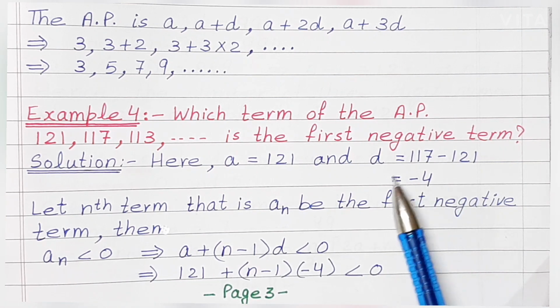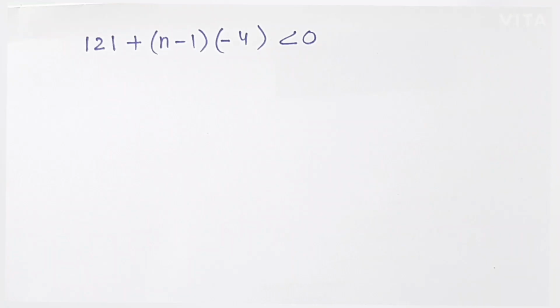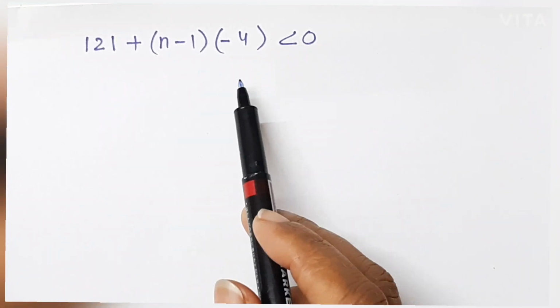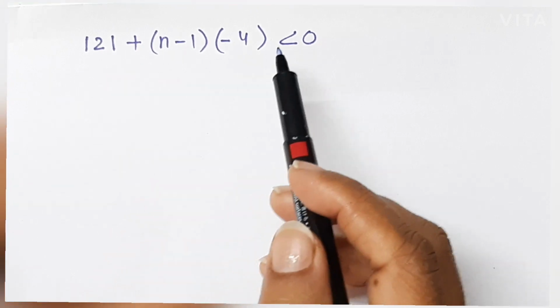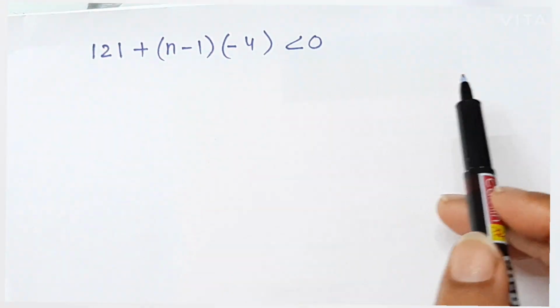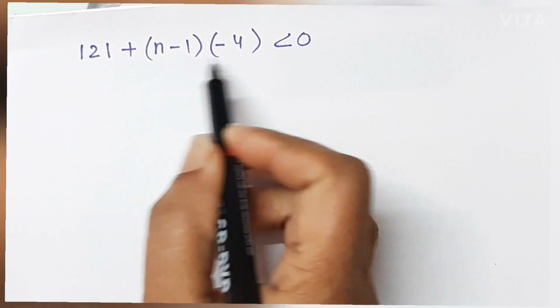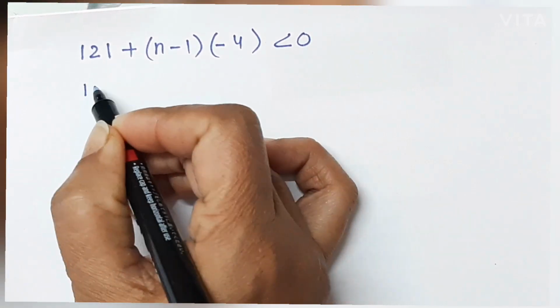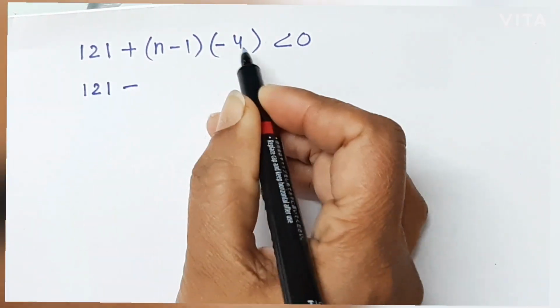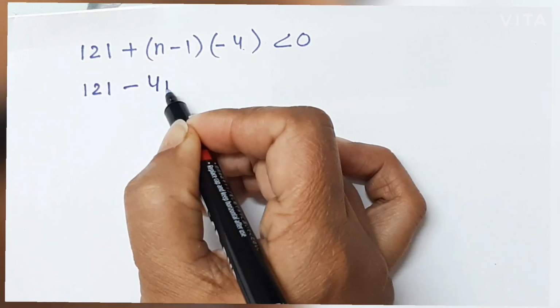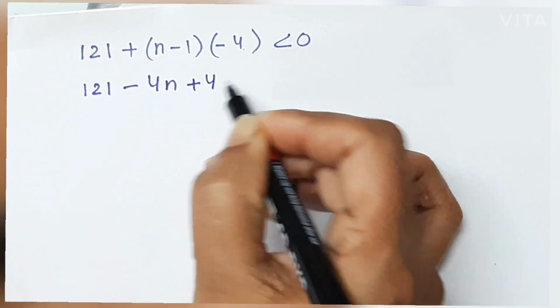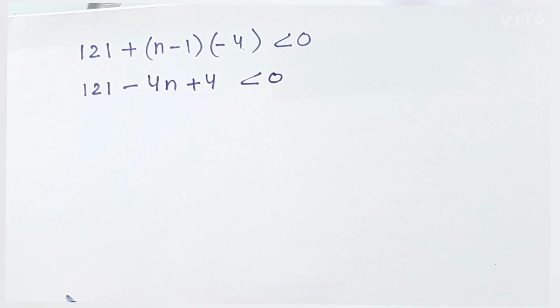Because we have to find the first negative term. Now let us see how to solve this. So here n is missing. So what we have to do here is, let's open this. So it is 121 minus 4n, then plus 4 is less than 0.